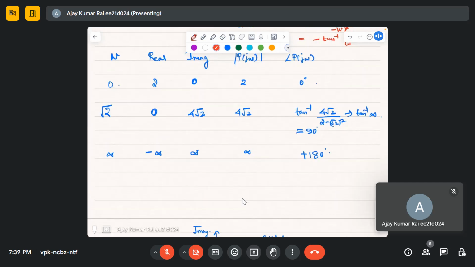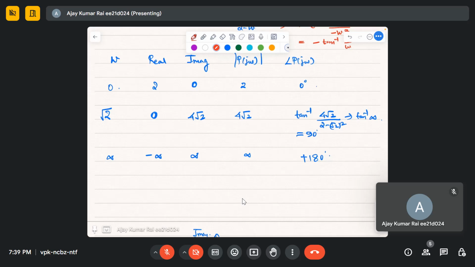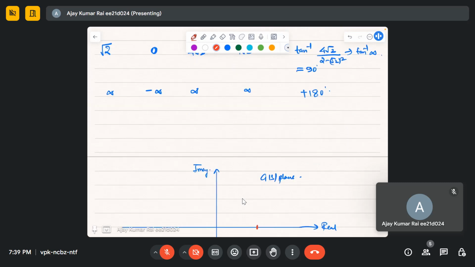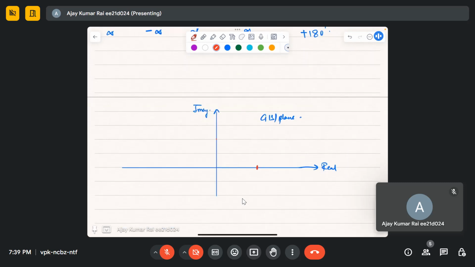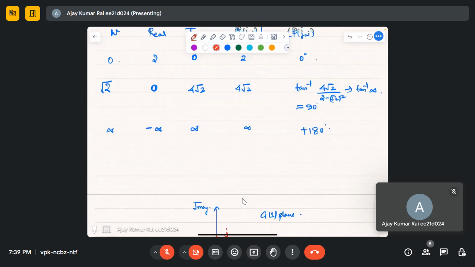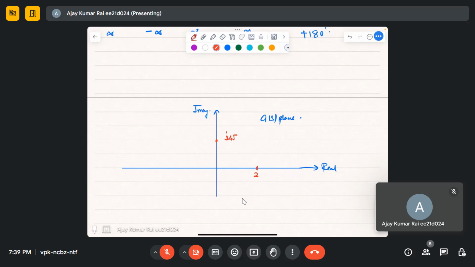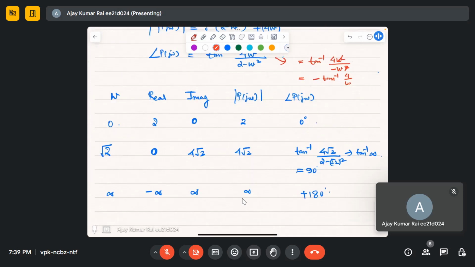And the other point is at omega equal to root 2, where I'm getting real part equal to 0 and imaginary part somewhere here. So this is 2 and this is j of 4 root 2. Real part is equal to 0 and imaginary part is this, and the angle is plus 90 degree.